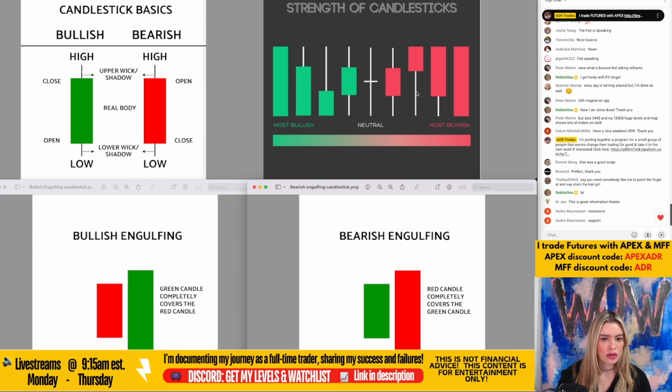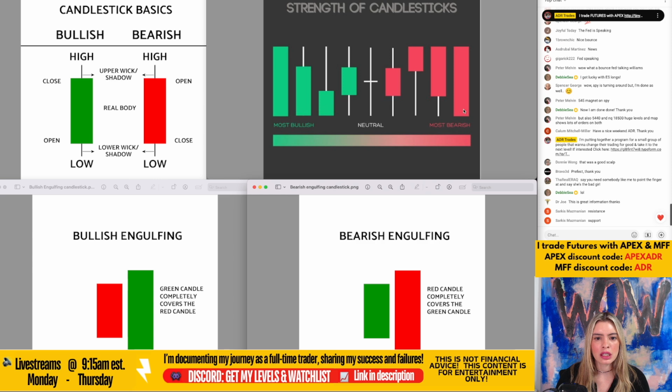Basics, right? Now let's see how to understand, like I always say, my stop loss is at this level, but it also depends on how the candlestick is looking. So this is what I mean. On this picture, we have the most bullish candlestick to the most bearish, and in the middle we have the neutral ones. The bigger the body, the stronger the trend or the sentiment.